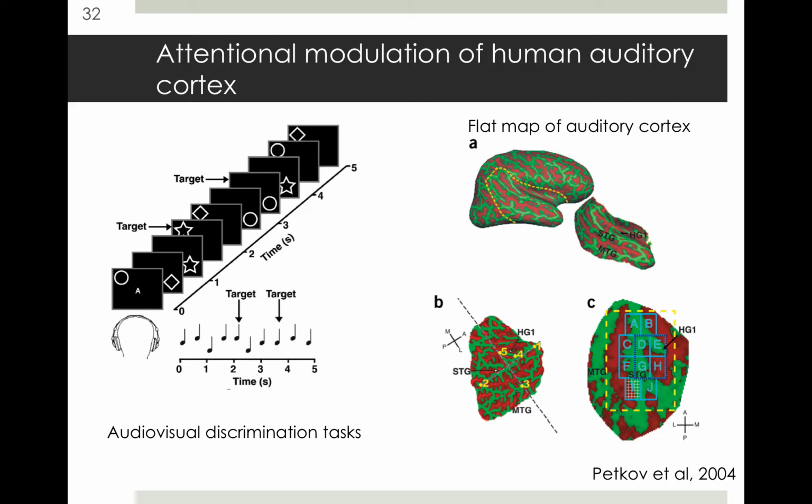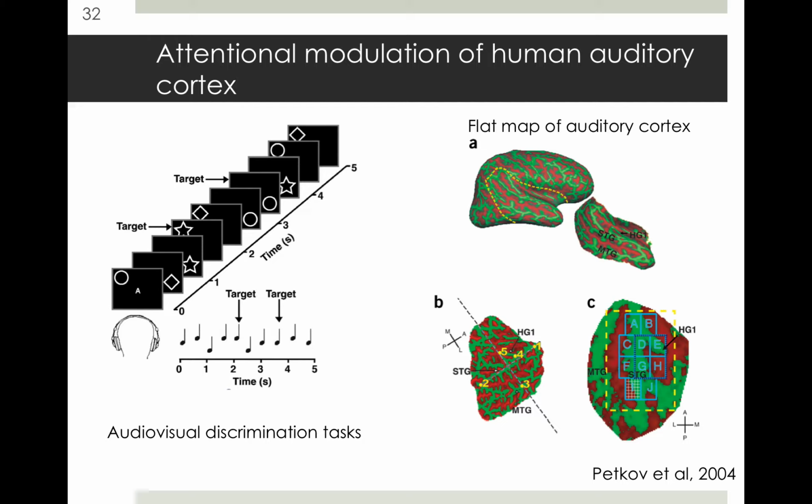So this nice paper was a functional MRI study looking at how the auditory cortex would respond to sounds while the brain is trying to pay attention to sounds, as opposed to when it's trying to pay attention to sight, to visual information.